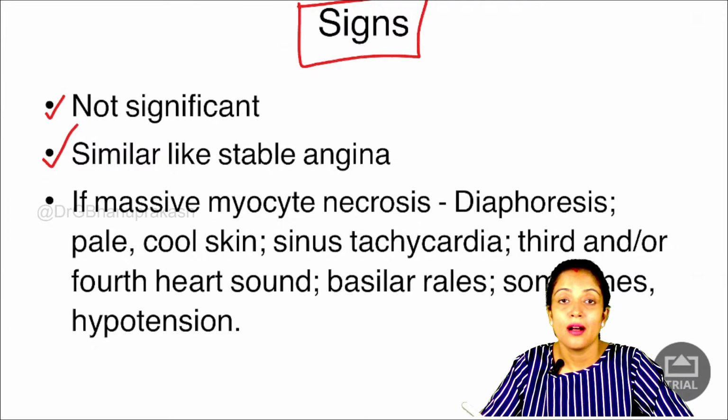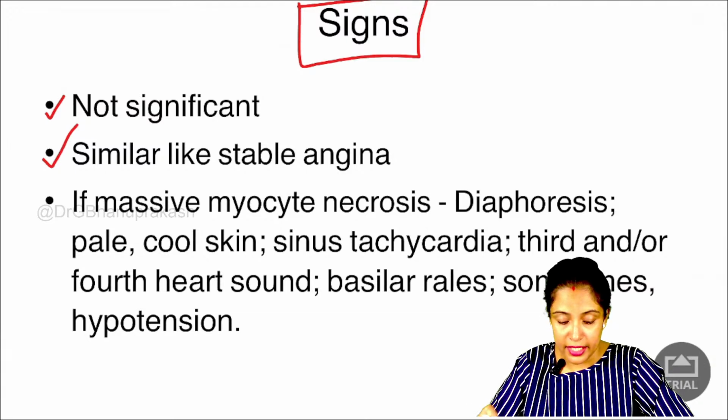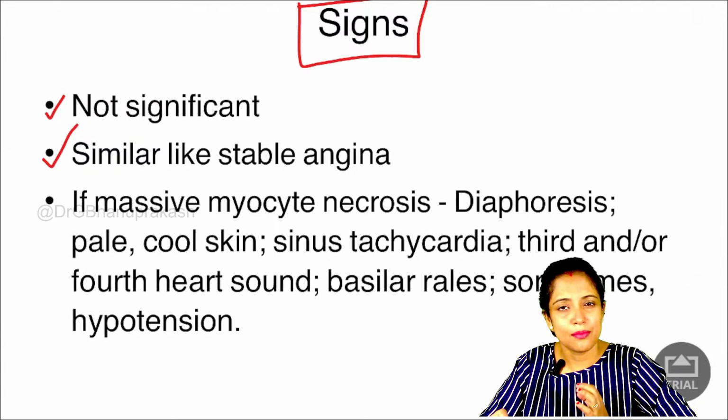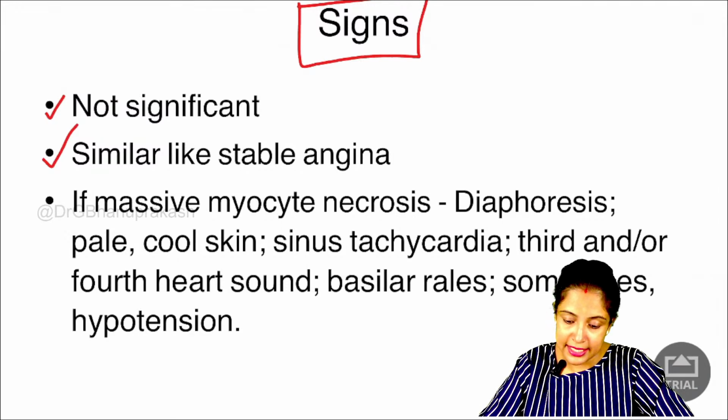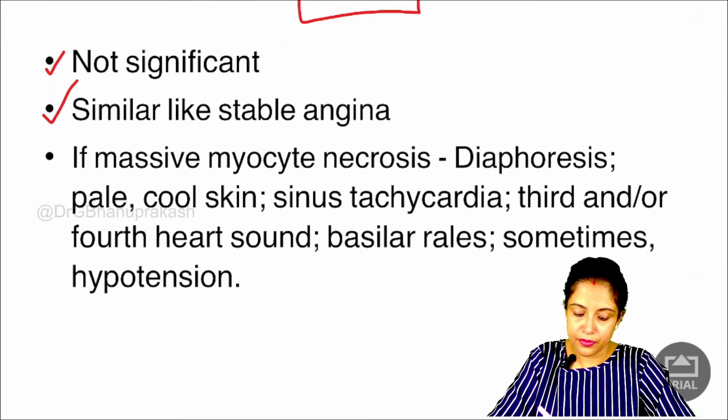There may be mitral regurgitation features because of rupture of the papillary muscle, or we may find it difficult to feel the cardiac impulse because of dyskinesia in the cardiac apex. So some of these signs, if noticed very carefully, we may get on physical examination.